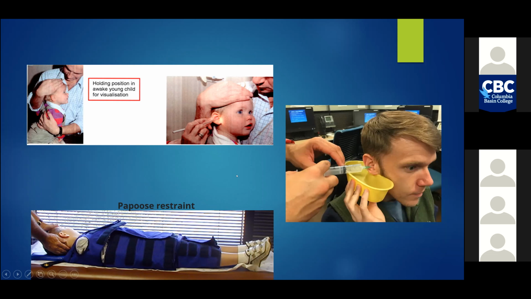We'll go over the process of that. And the picture down below, this papoose restraint, I think was mentioned in Cindy's presentation as well. It helps our little patients not move around, and someone is holding the head so they don't move around on you.